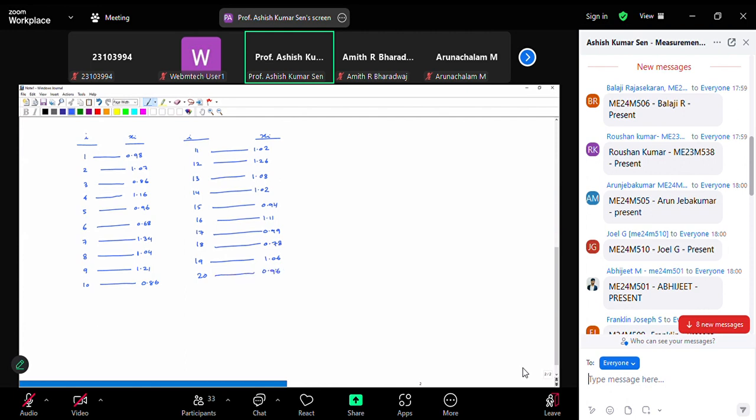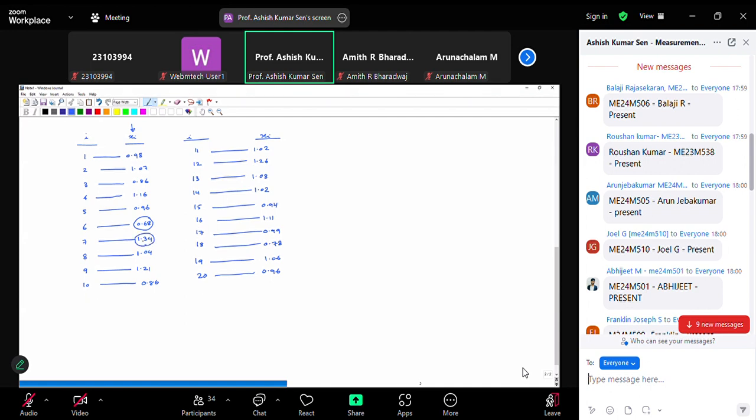Okay, so let's say we have some variable xi. It could be anything. It could be pressure in a tube or whatever. And we take these 20 measurements, right? So you will see that it varies within a range. The minimum could be something like 0.68, and the maximum could be 1.34, right?